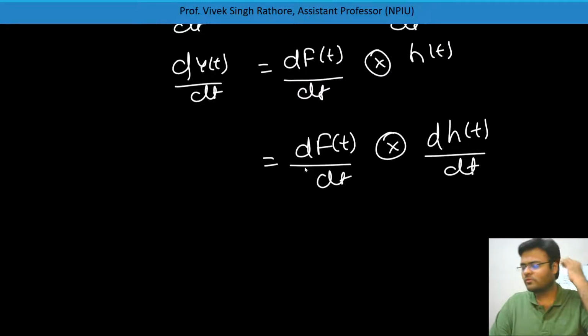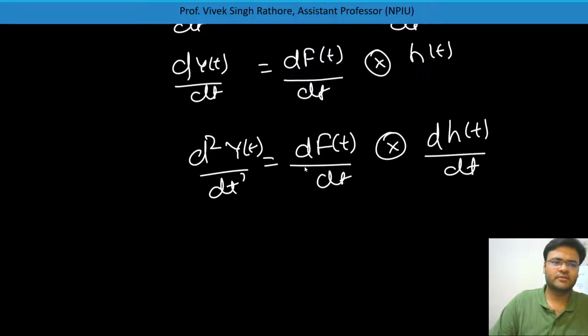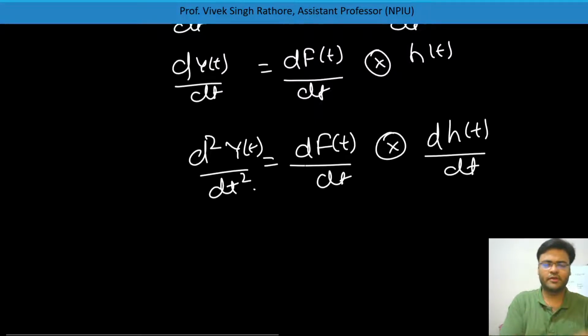If you are unable to do it for one, and you get the output by differentiating both signals, no problem, you can do it like this also, d2y by dt square. So you'll get the same thing. So this is actually the commutative property. We can interchange also, and you'll get the output.